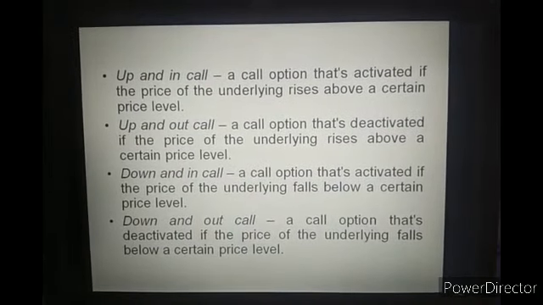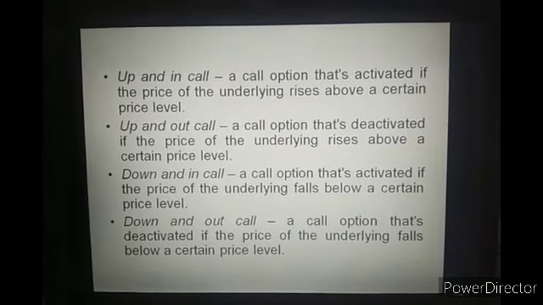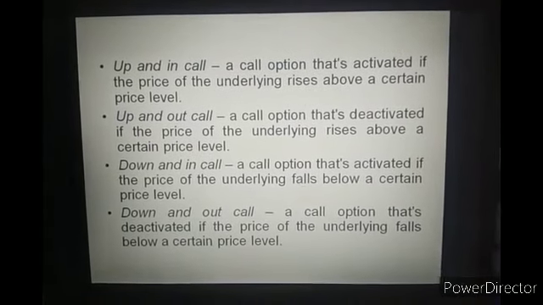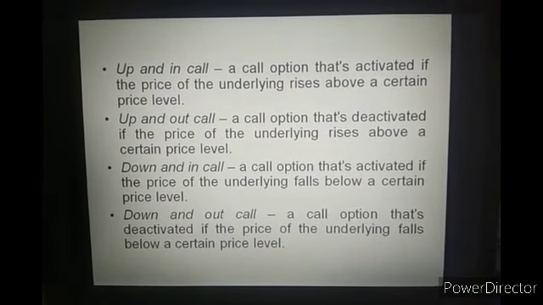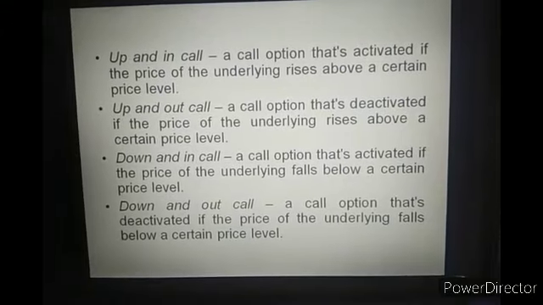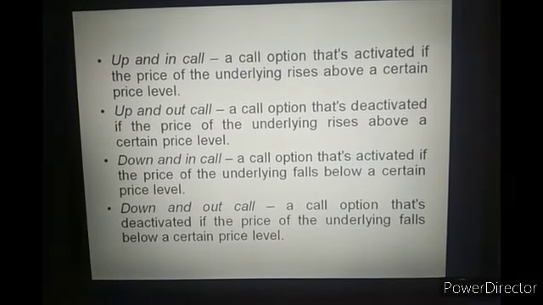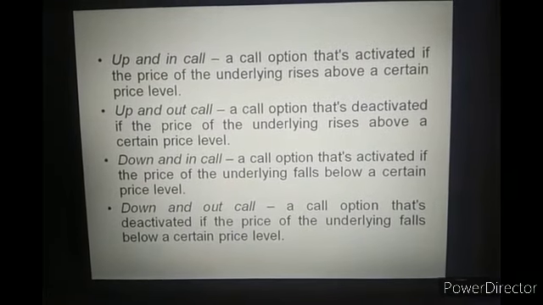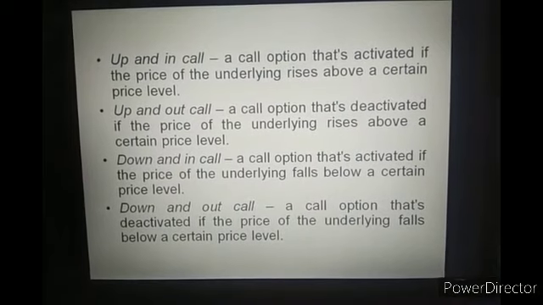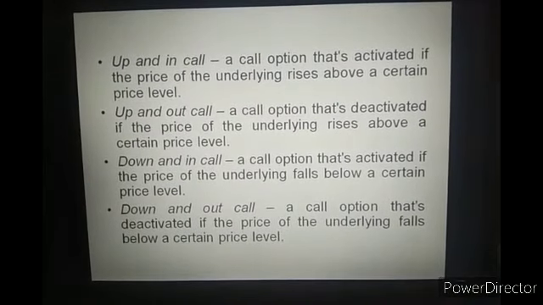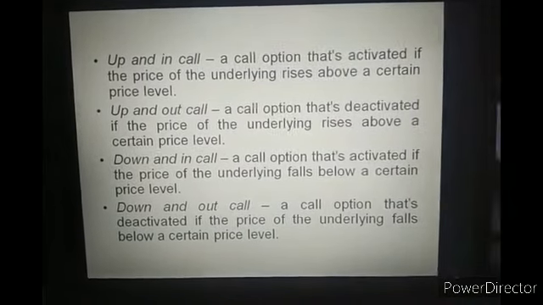So as it breaks the support level, meaning it is going down, then you will not consider it as a call, so you will exit from the contract. So these are the 4 types: up and in and up and out, same way down and in and down and out. Up is related with the resistance and down is related with the support.